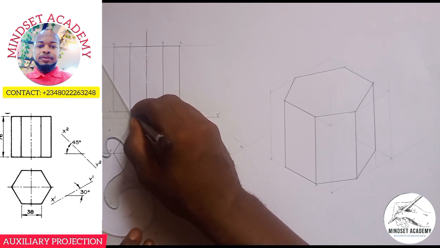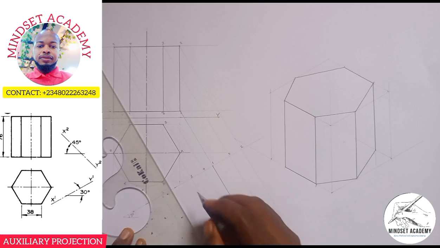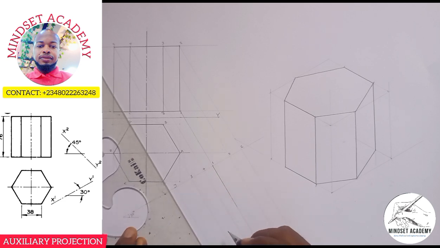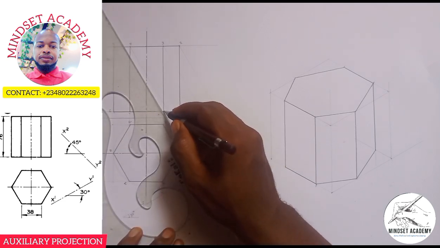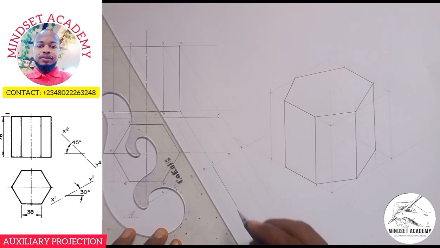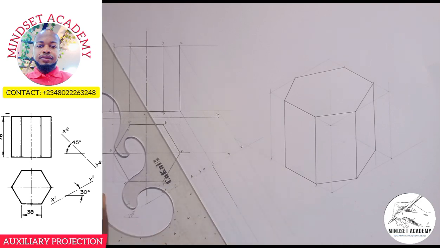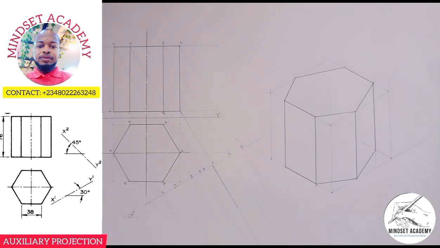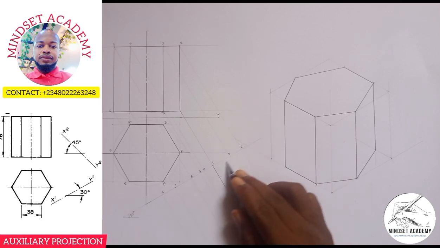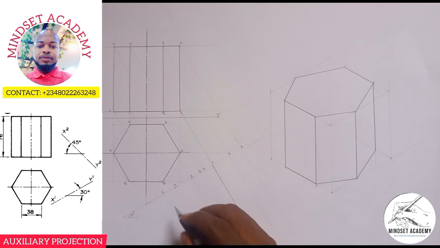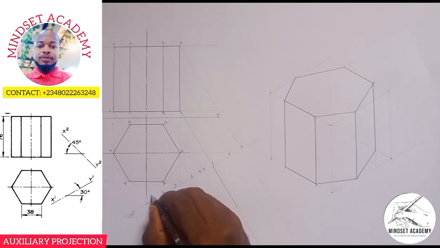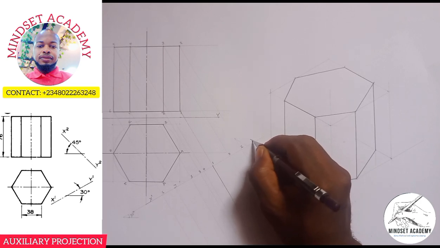Going to 7, this is the line of 7. Going to 8, this is the line of 8. That is what we have here. Can you see that? So this plane you're seeing here, I can easily call my x1, y1 plane.